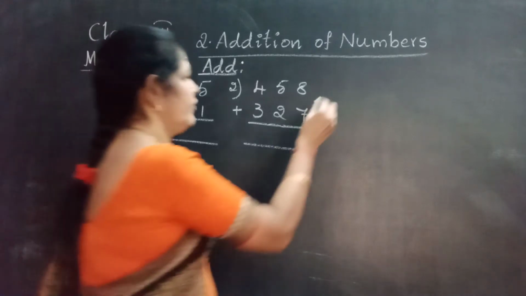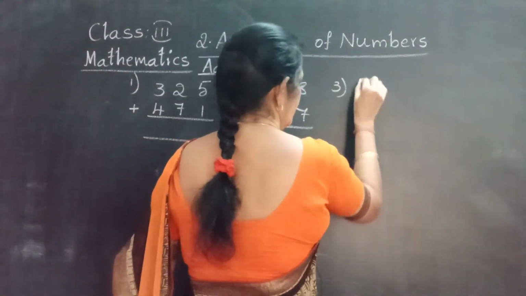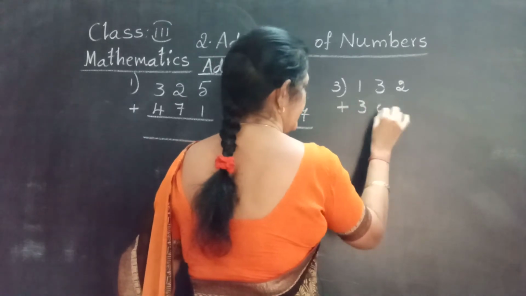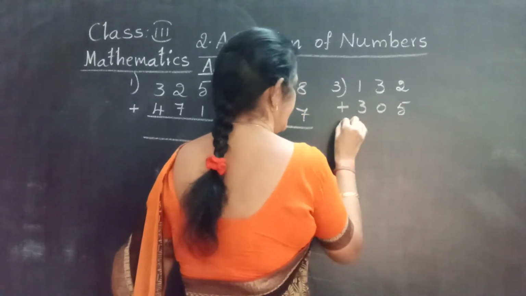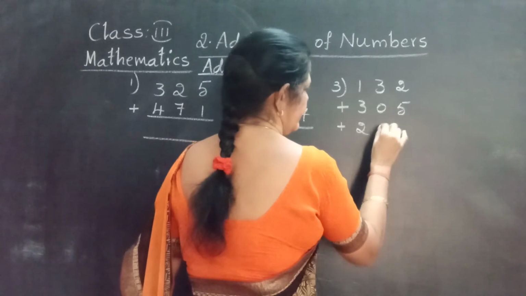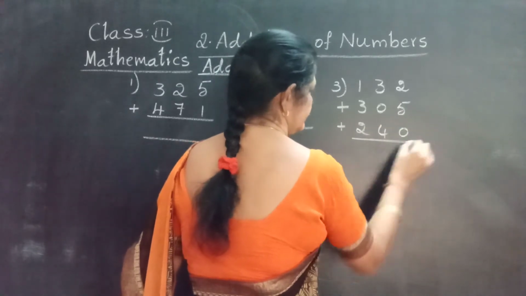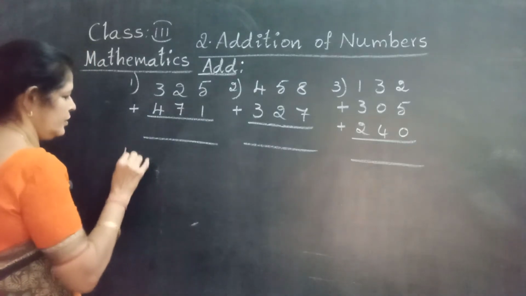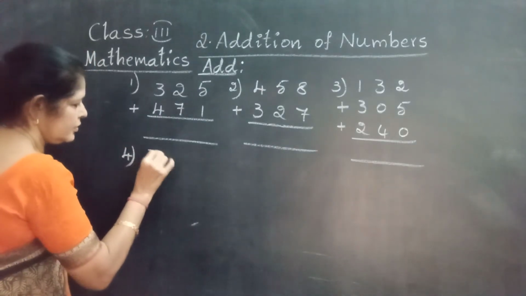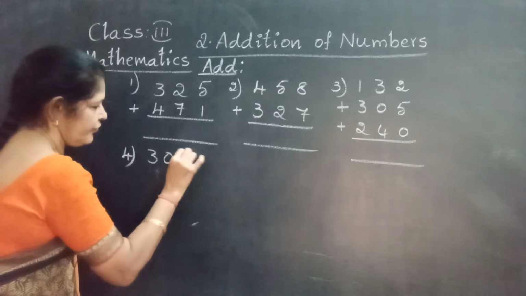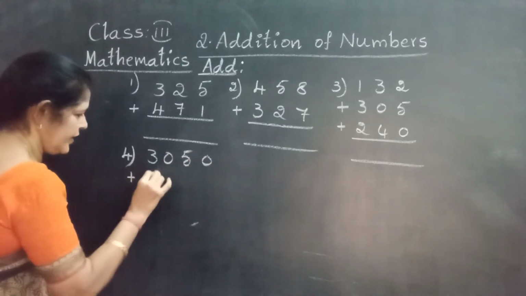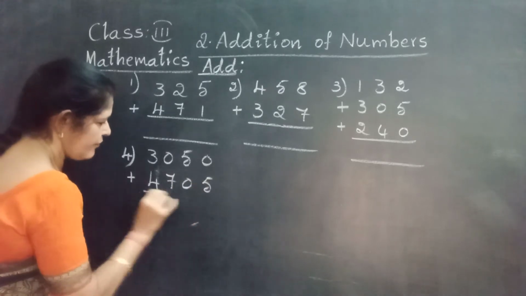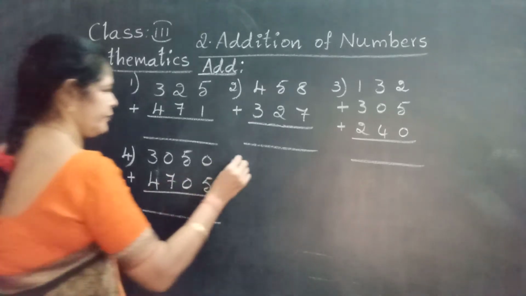Third one, 132 plus 305 plus 240. Fourth one, 3050 plus 4705.